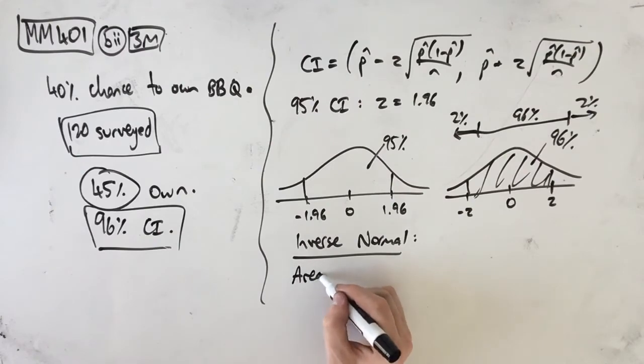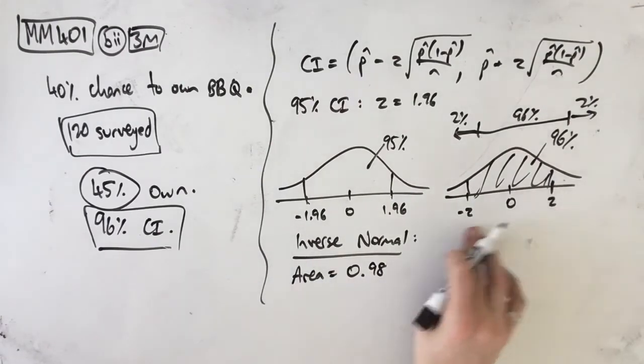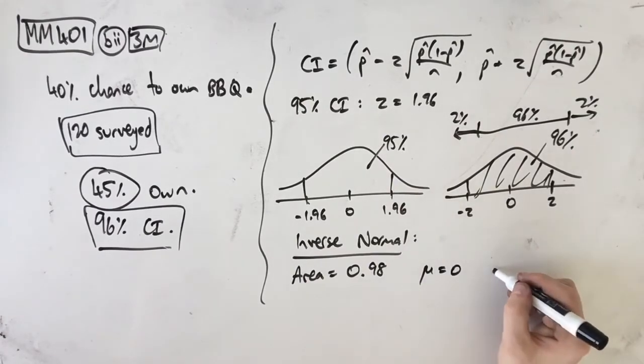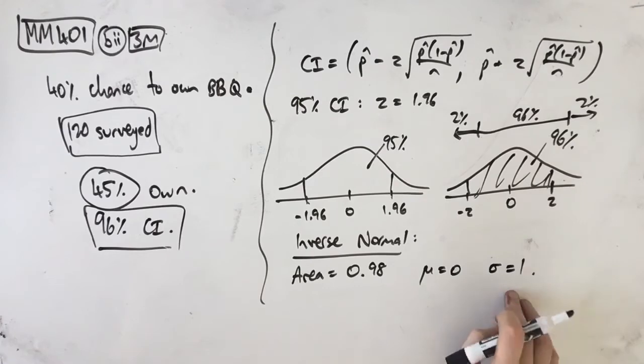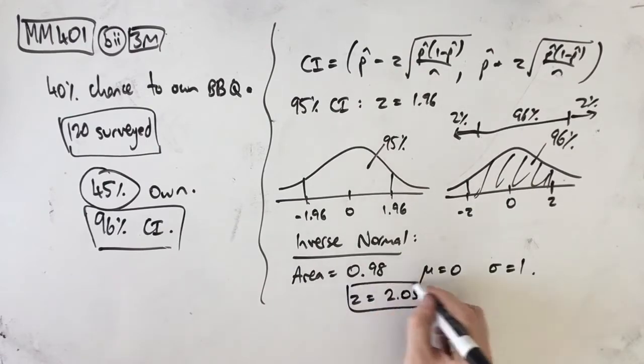In our inverse normal, our area is 0.98, our mean is 0, and we always use a standard deviation of 1. This gives us a z value of 2.05. This is our first mark.